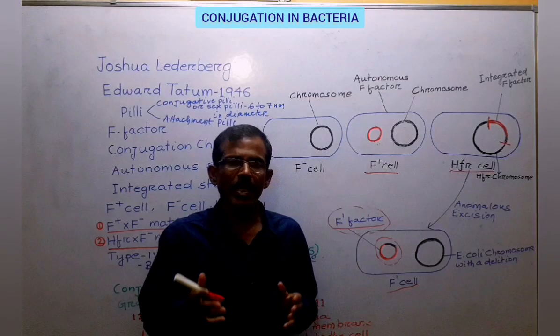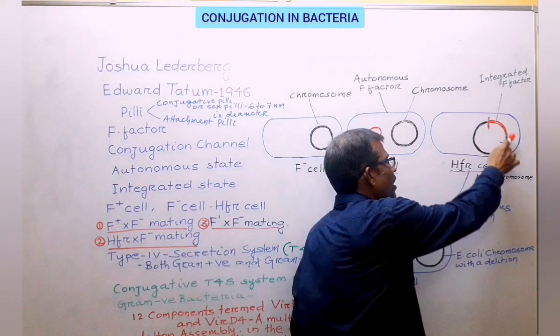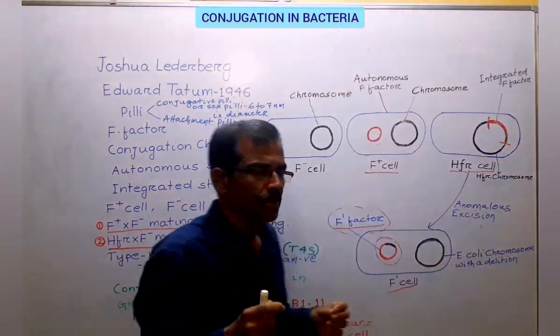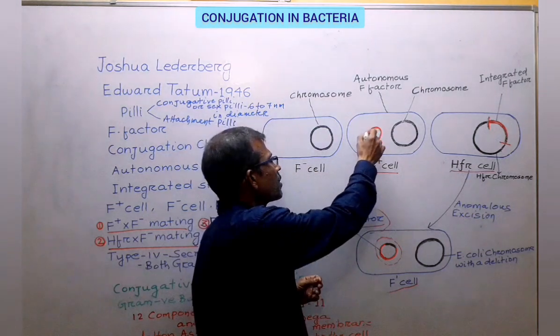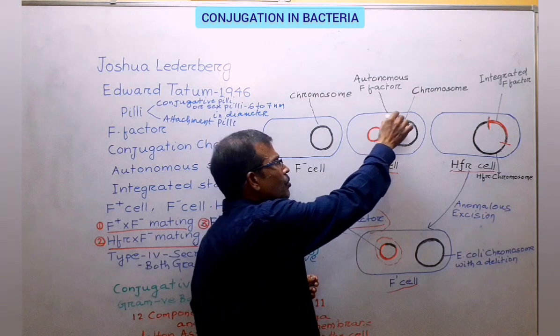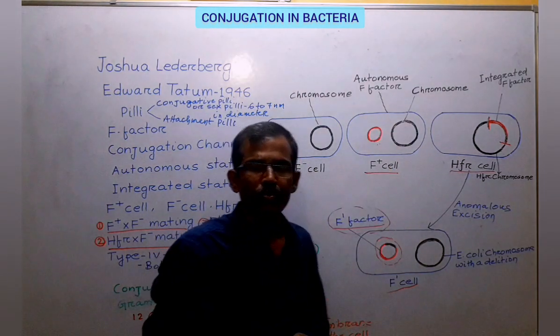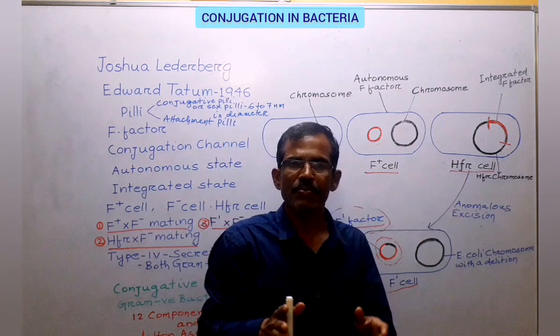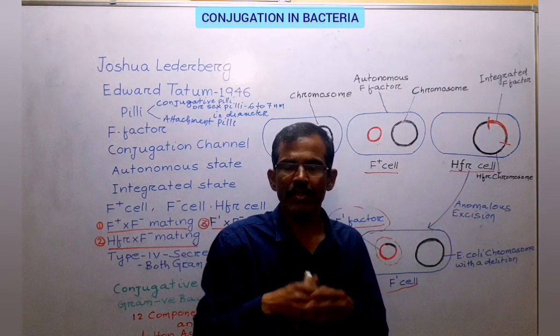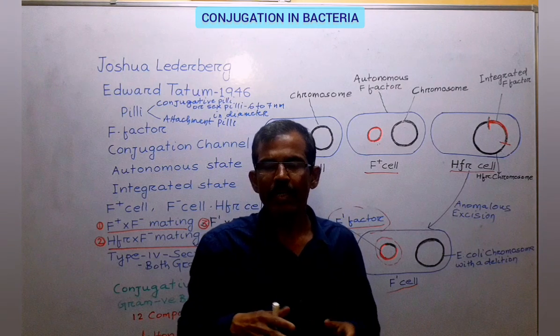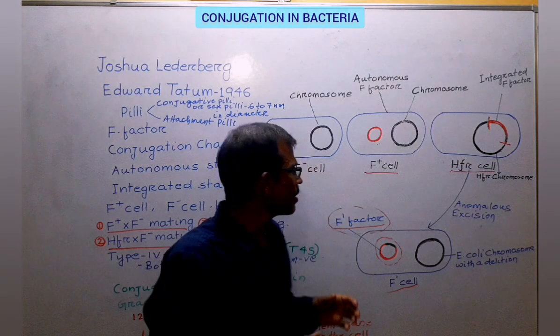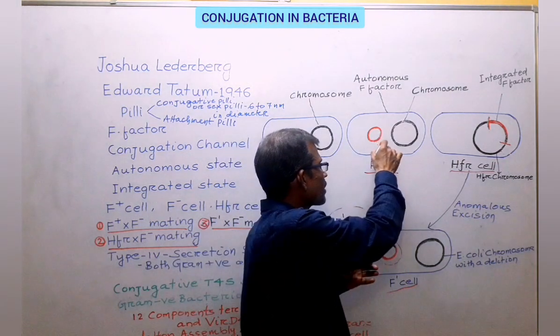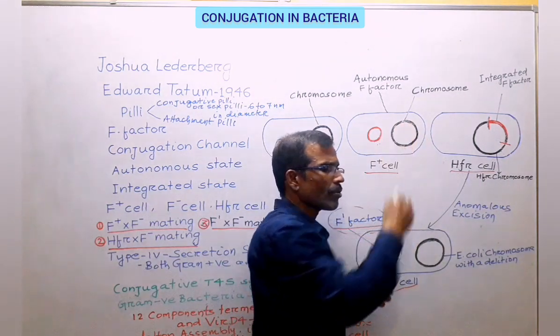Friends, as already mentioned, the HFR strain is produced by the integration of the F factor into the bacterial chromosome by site-specific recombination events mediated by IS elements that are present in both the F factor and the bacterial chromosome.